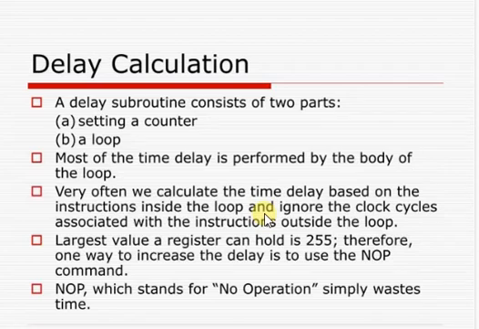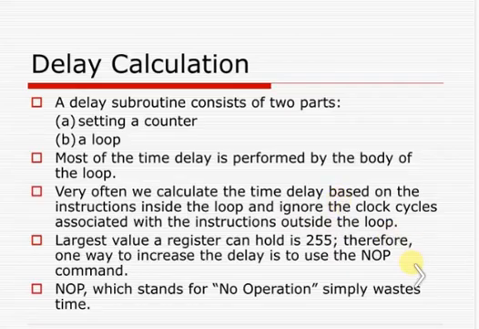Delay calculation. A delay subroutine consists of two parts: setting a counter, and the loop. You must consider these 2 points for delay calculation. Most of the time, delay is performed by the body of the loop. Very often, we calculate the time delay based on the instructions inside the loop and ignore the clock cycles associated with the instructions outside the loop.